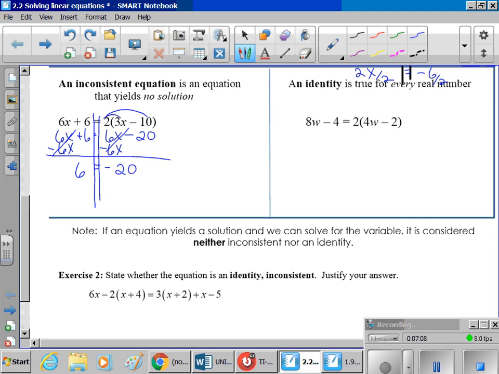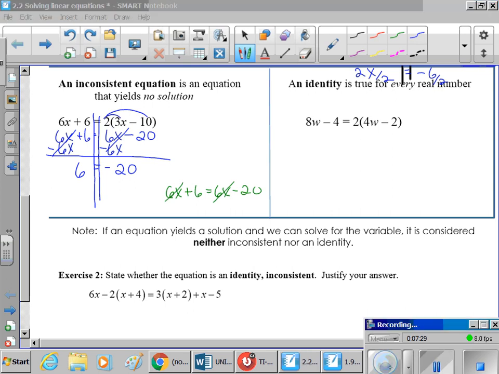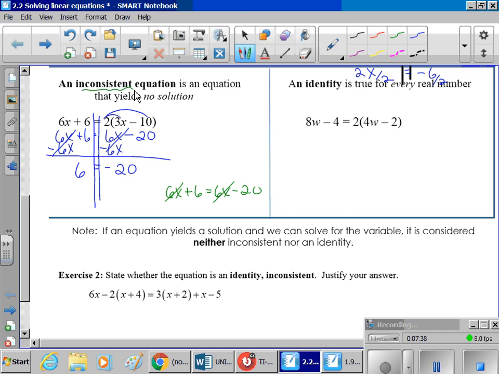Well, no matter how hard you try, 6 is not going to be negative 20. So this is called inconsistent. When we had 6x plus 6 is equal to 6x minus 20, already when you have the same thing on both sides of the equal sign, you can just cross them out. So no matter what x we put in there, we're never going to get a solution. So we would call this inconsistent, or we would say there's no solution.